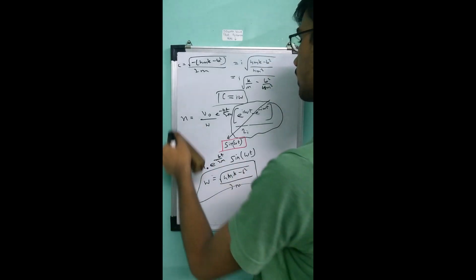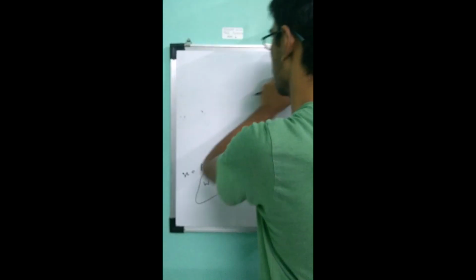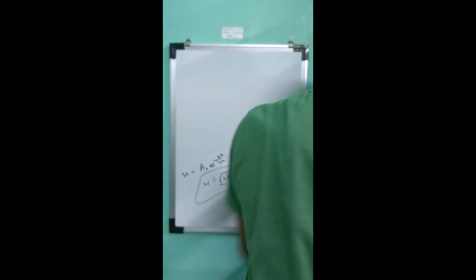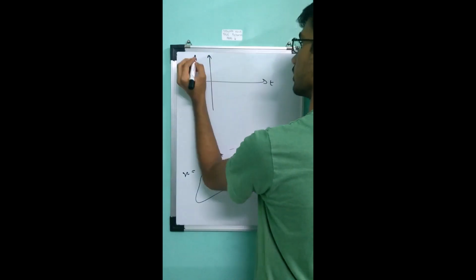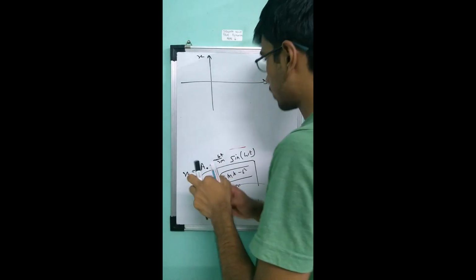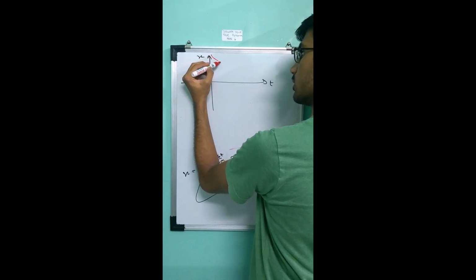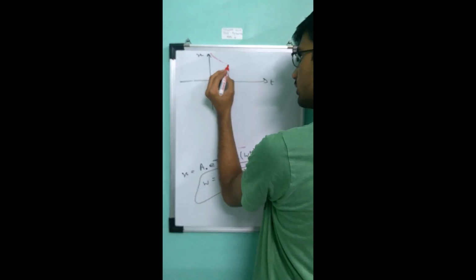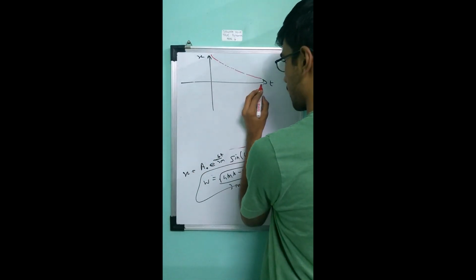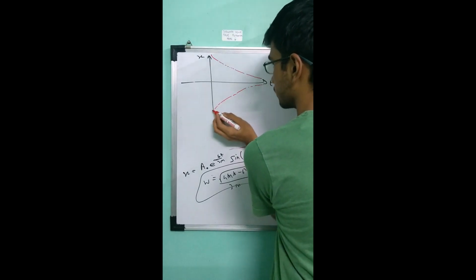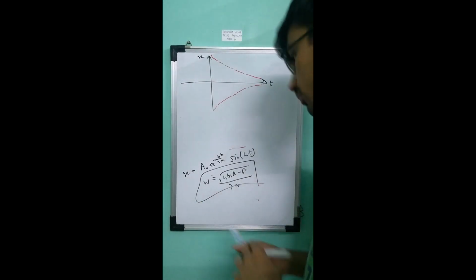Okay, let me graph this above. You got this right? This is x, this is t. So I'm drawing a0 e to the power minus bt by 2m here. That is not the graph of x versus t. It's just a sketching technique, a way so that I can sketch the graph. The important part is what I draw in blue here.